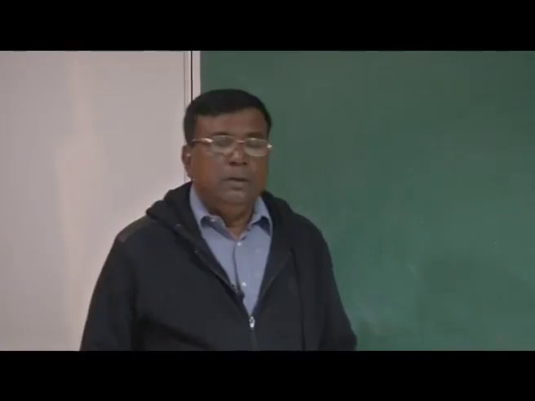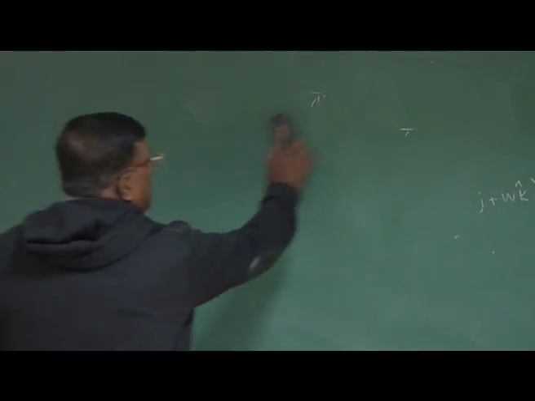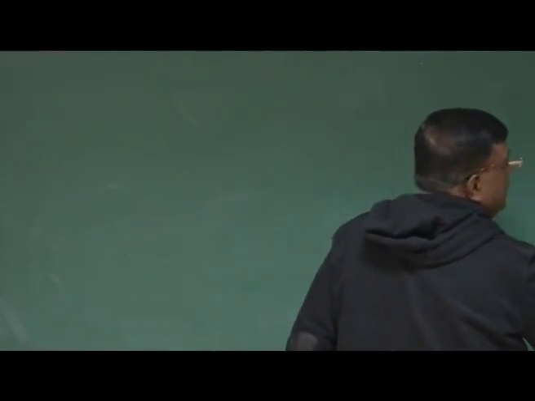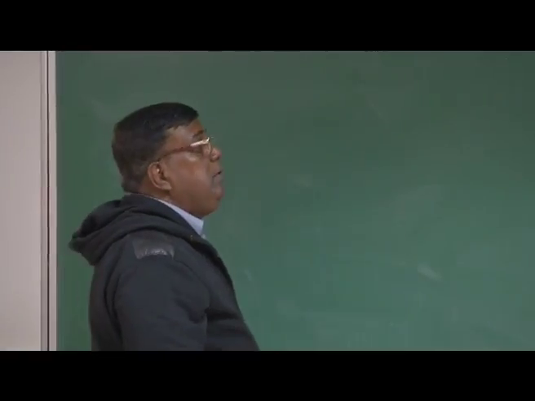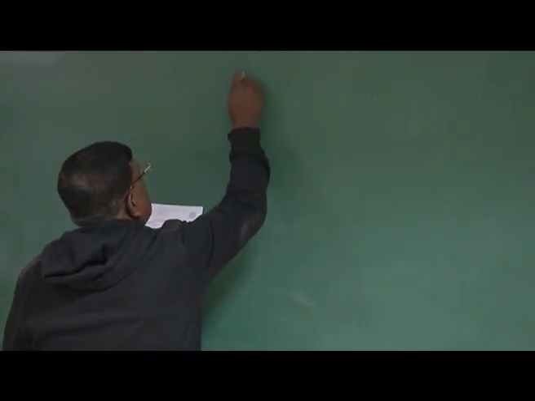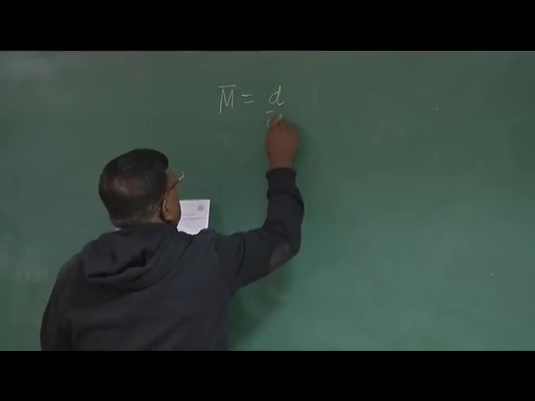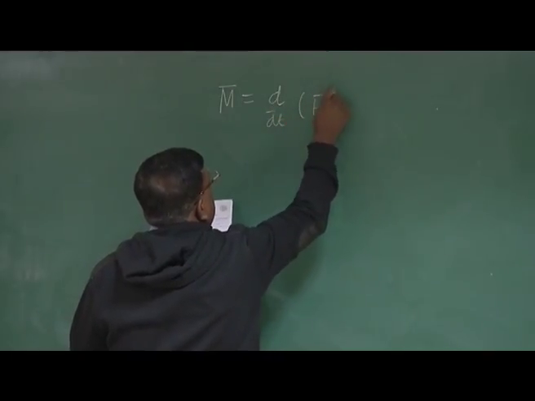There is another equation waiting for us to be handled. Let us now complete the moment equation, and we will follow the same rule, which is dA by dt in the inertial frame equals dA by dt in the rotating frame, or body frame in our case, plus omega cross A. So we need to calculate the moment as d by dt of h, the angular momentum vector.